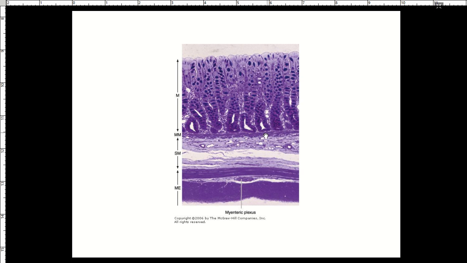And this is your submucosa. This is going to be your inner circular layer. Your outer longitudinal layer is arranged into 3 taenia coli, and between them you can actually appreciate the Auerbach or myenteric plexus.